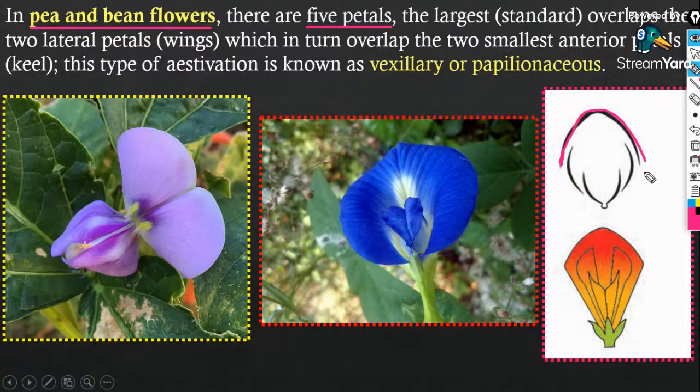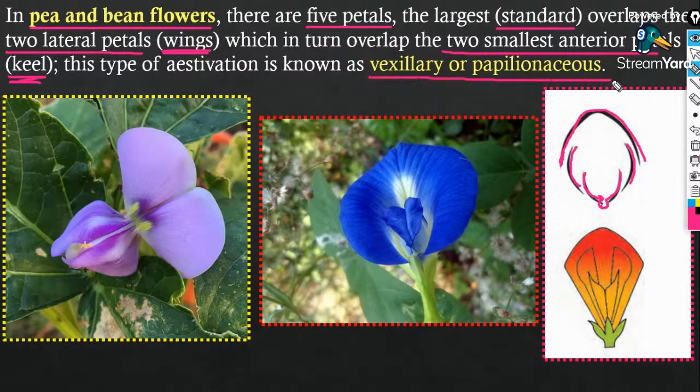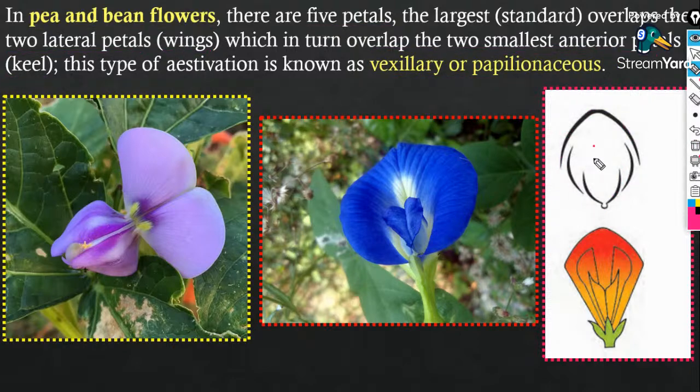That large petal is called the standard petal, which overlaps 2 other petals known as the wing petals. These 2 lateral wing petals in turn overlap 2 smallest anterior petals called the keel. This type of aestivation is known as vexillary aestivation. You will definitely find a similarity in this diagram with this as well as with this. Am I right?